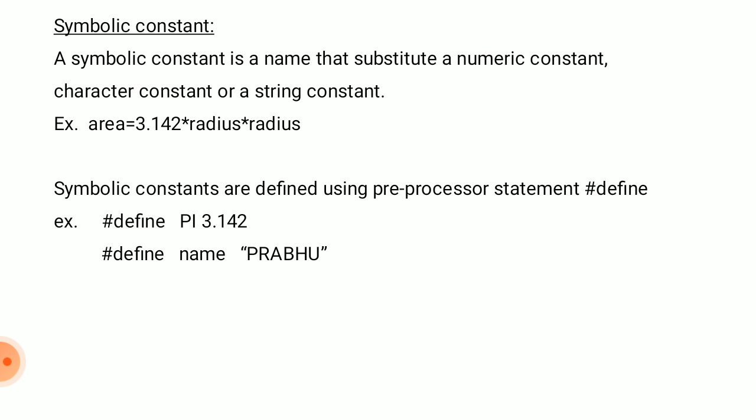NAME. So here NAME is the symbolic constant. So symbolic constant means the name substitutes any constant, it may be numeric, character, or a string constant. So before replacing that symbolic constant, first you have to define it in the preprocessor statement.